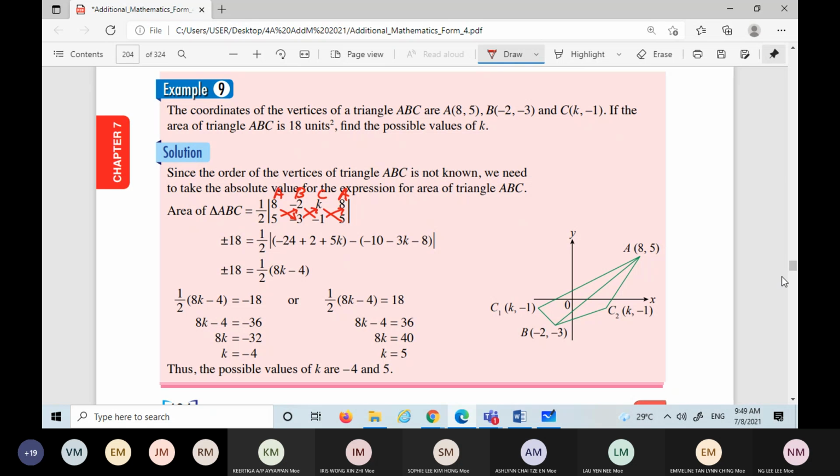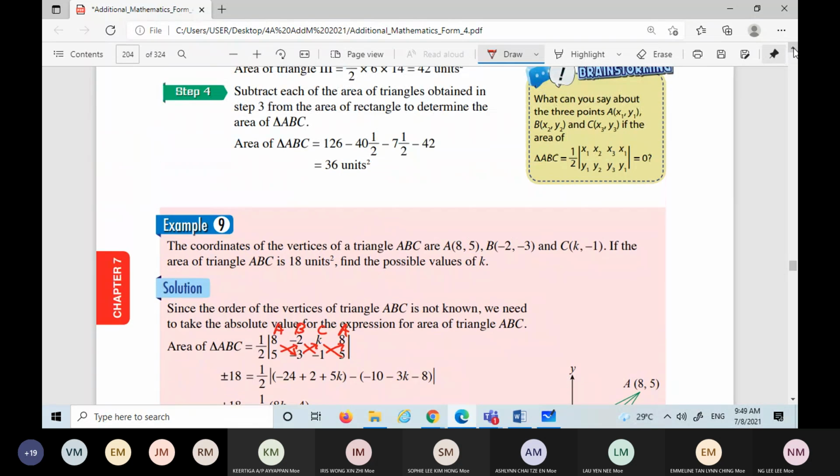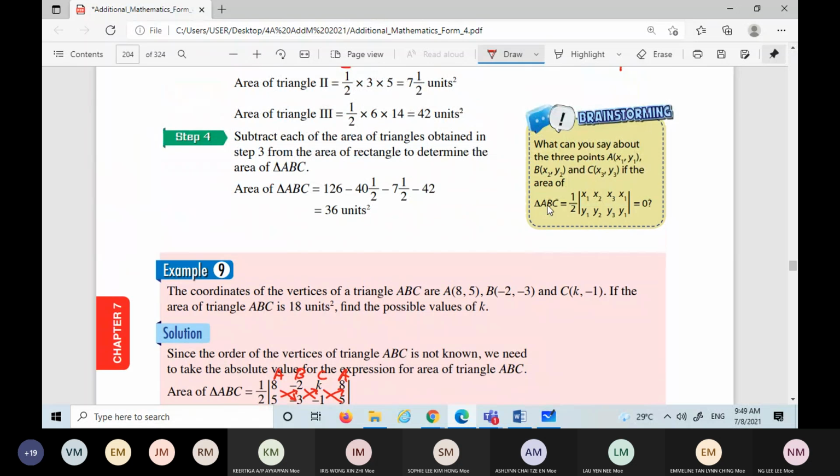Okay, next, I want to go through this one. How about this? What can you say about the 3 points if the area of this is equal to 0? What can you say about these three points? Area is 0.